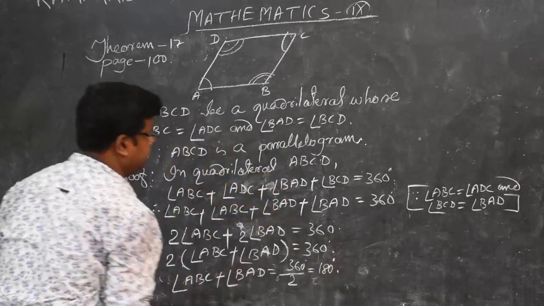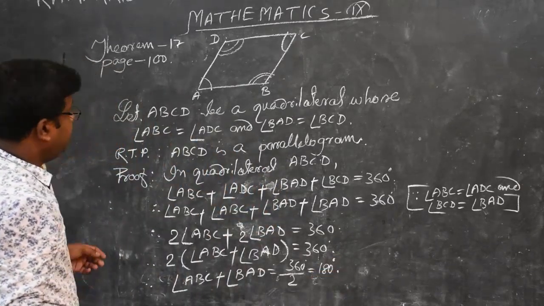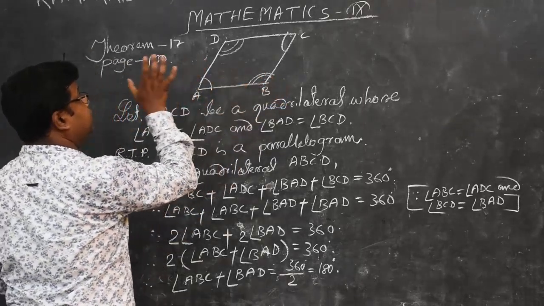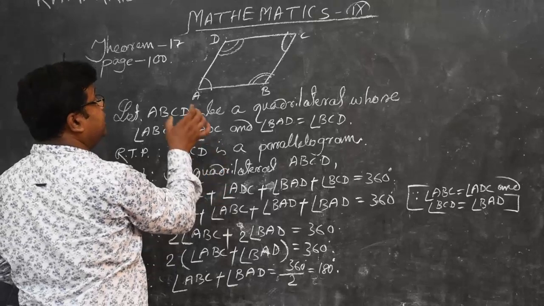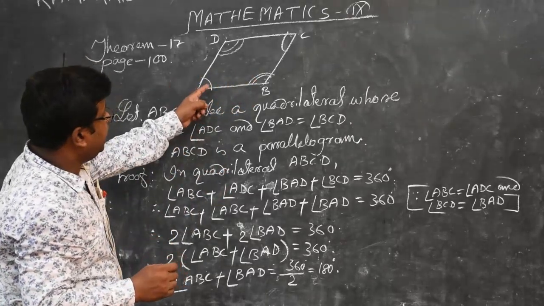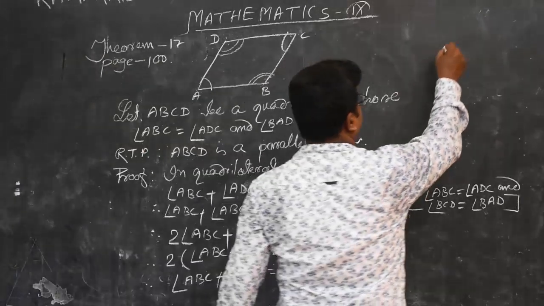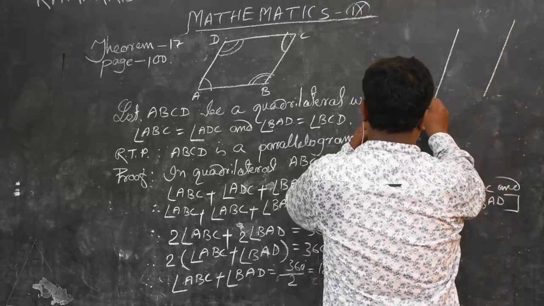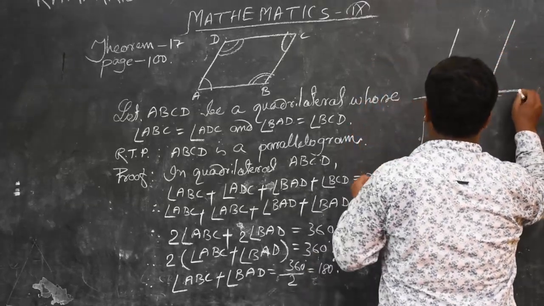I told you that if any transversal cuts two other straight lines and the sum of the two co-interior angles is 180 degrees, then the lines will be parallel. Let me explain here. Suppose these are any two straight lines and this is the transversal.